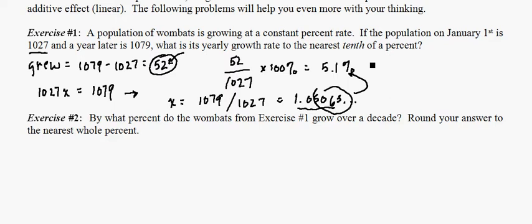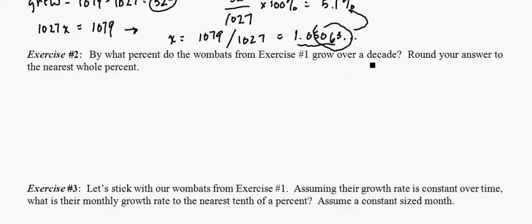Now, exercise 2 says, by what percent do the wombats from exercise 1 grow over a decade? Round your answer to the nearest whole percent. So the key here is understanding that every year, because it's growing at a constant percent rate, every year we're going to get to multiply by 1.05063.